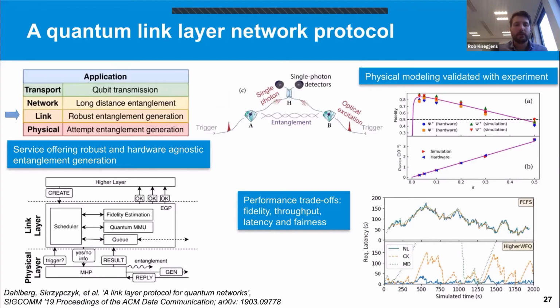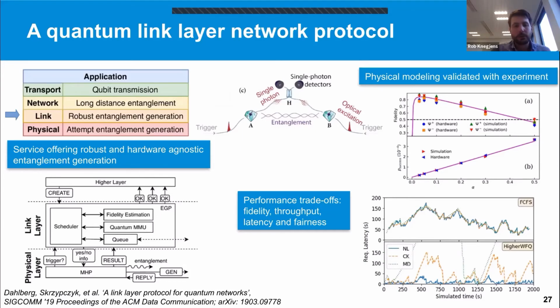The link layer would be a layer on top that would offer entanglement on request robustly, and also hardware agnostically. So if you had this link layer protocol, the layers on top wouldn't even need to know that it was nitrogen vacancy centers or trapped ions underneath. They request certain entanglement from it, maybe a minimal fidelity, and they wait for the result.